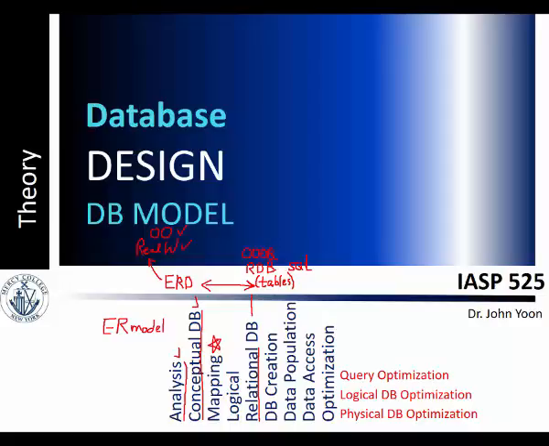But it has a gap between the database and the ER diagram, which is object orientation. If you have another type of database like an object-oriented database, then we don't really need the mapping from a complicated model to a simple model.